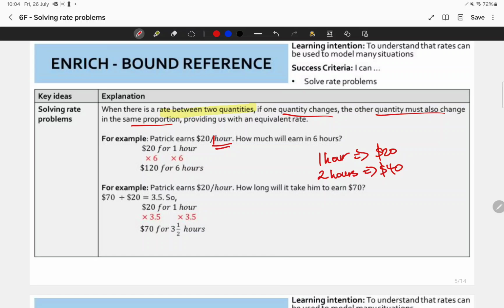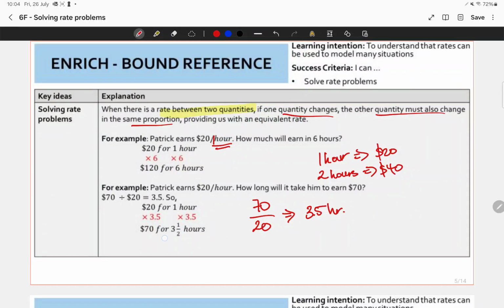The other example is Patrick earns $20 per hour. How long is it going to take him to earn $70? Okay. So the worked example that we have here is you want him to earn $70, and you know that he gets $20 per hour. So if you divide that, you get 3.5 hours, okay?